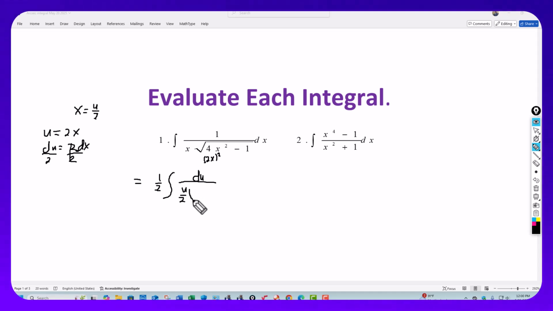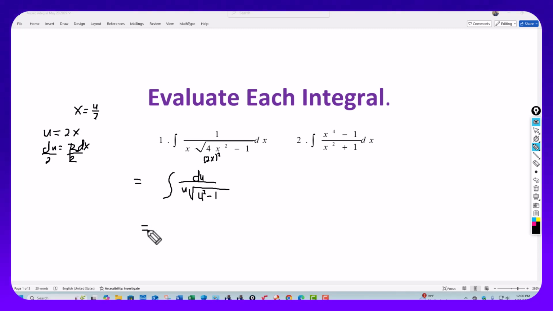Then it would have the square root, 2x can be replaced by u, so this will be u squared minus 1. And notice you got 1/2 here. That'll cancel these 2 here. So these will cancel out. And I'll get this. Now I have it in the form I want.